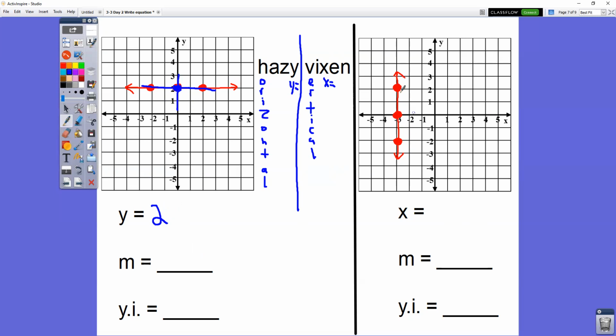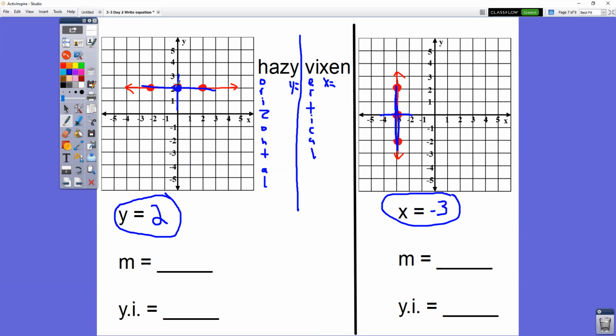Same thing here in this one. When you have a vertical line, you're going to have an x equals equation. Well, we want to know what our x values are. Where does it cross the x-axis? It crosses it at -3. So our equation of our line is just x equals -3.